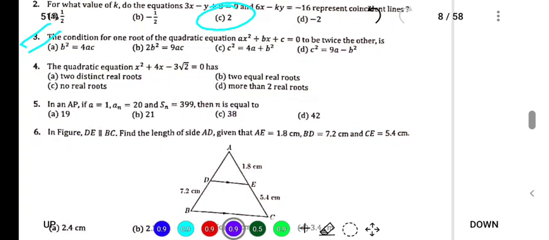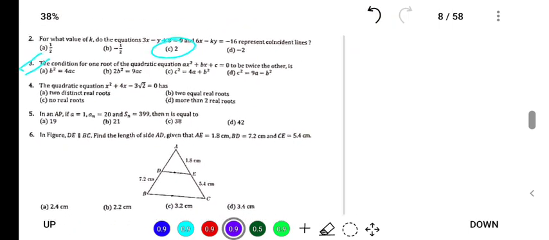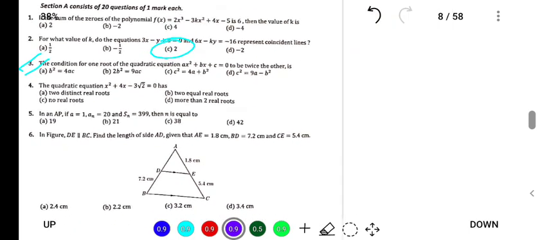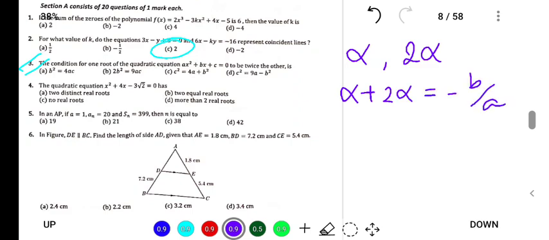Suppose one root is alpha, so the other root will be double of it, 2 alpha. Got it? Now the sum of the roots will be minus b upon a, and the product of the roots, alpha into 2 alpha, is equal to c upon a.